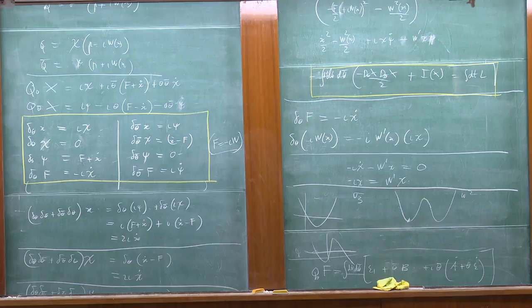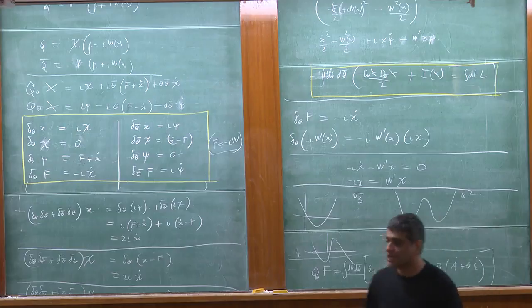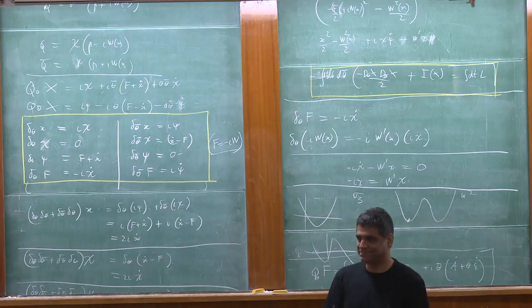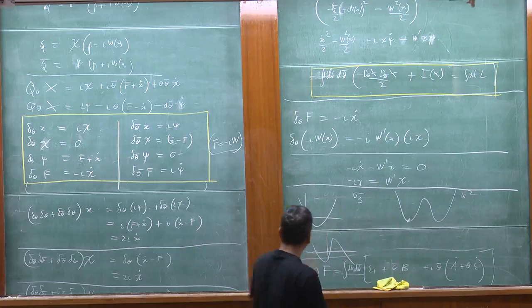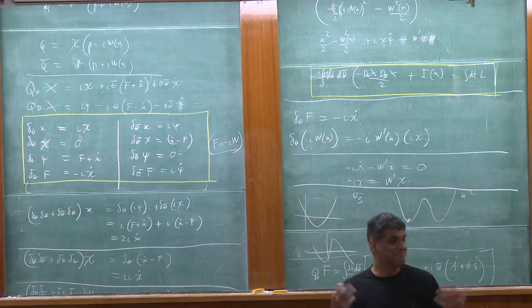Excellent. The next thing I wanted to talk about was precisely this. Schumann is asking, suppose I want to stick to two derivative actions, couldn't I have done more? Well, you might have thought, what about adding a function of x with the kinetic term?